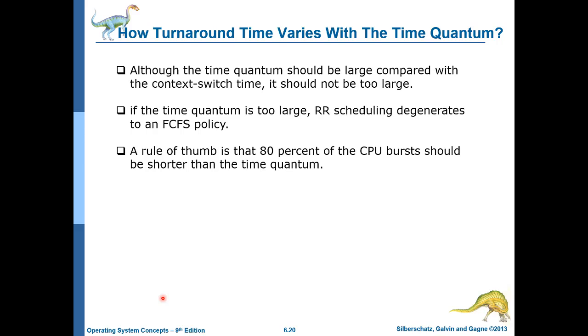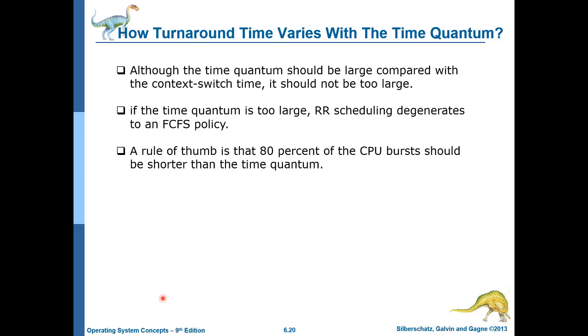Here we discuss briefly how turnaround time varies with the quantum time. If you remember, turnaround time is the total time taken by the process to finish its execution. So we see that although the time quantum should be large compared with the context switch time, it should not be too large.